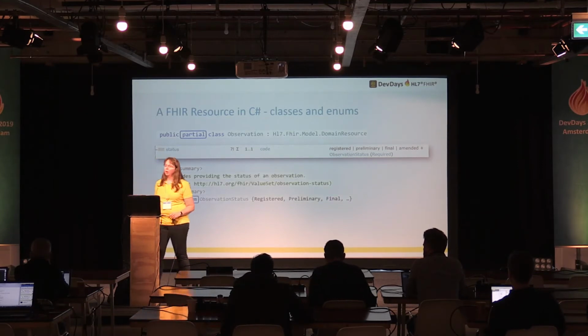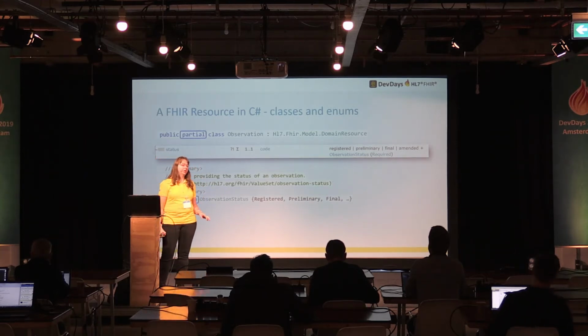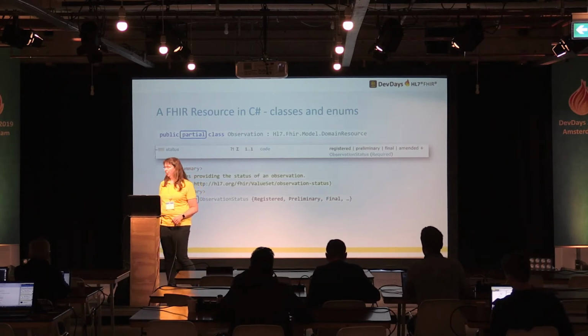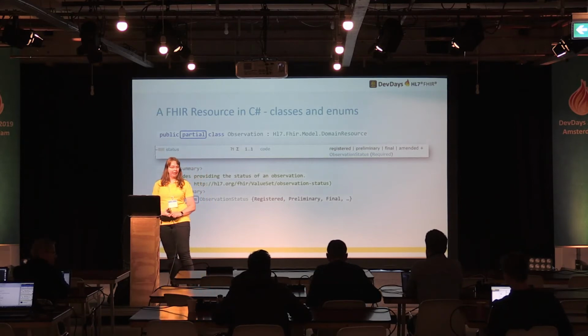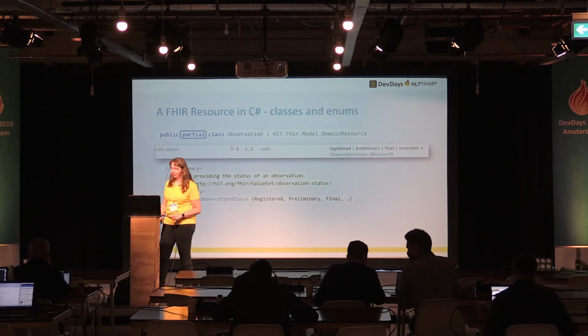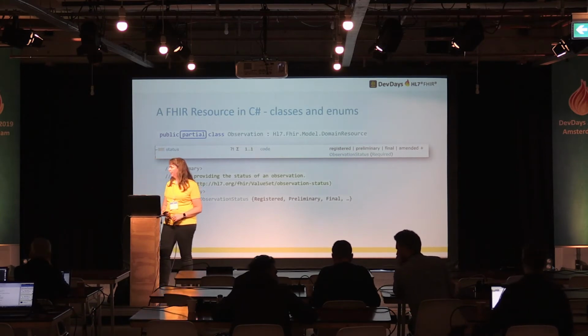For each of the required lists of codes that you can use within FHIR, you will see that the library contains an enumeration. So for example, on my slide, you will see that we have an observation status. It has a fixed set of codes, and that's where you will use this enumeration in order to fill in the correct codes. You can't deviate from that.